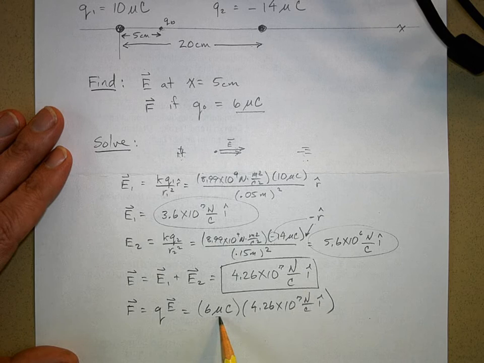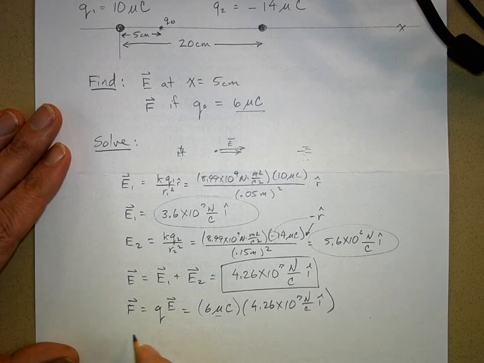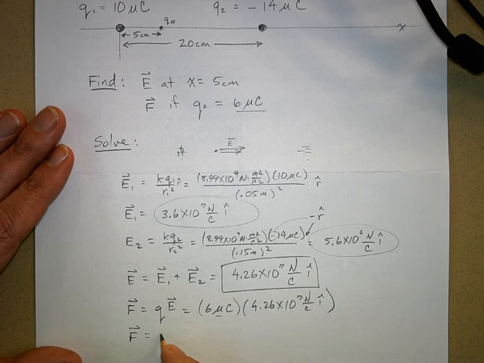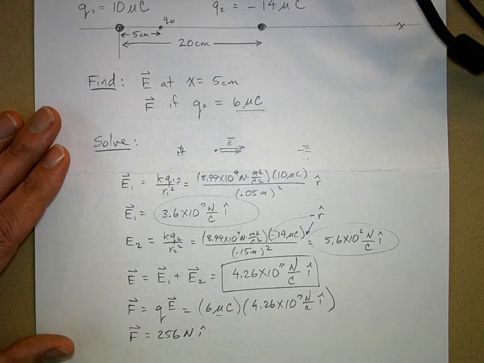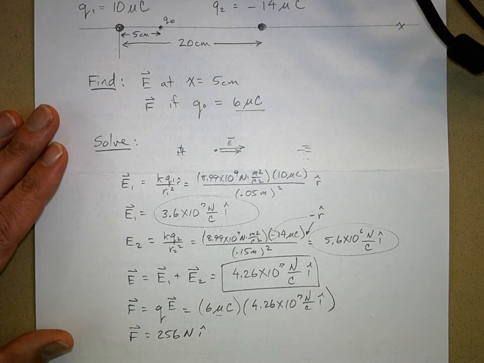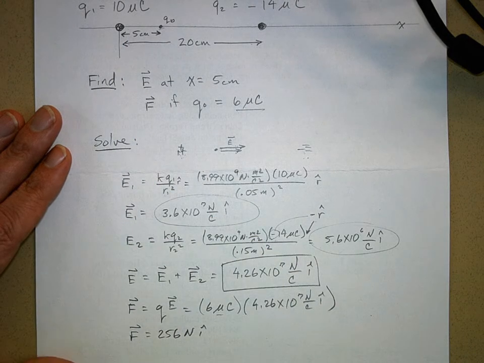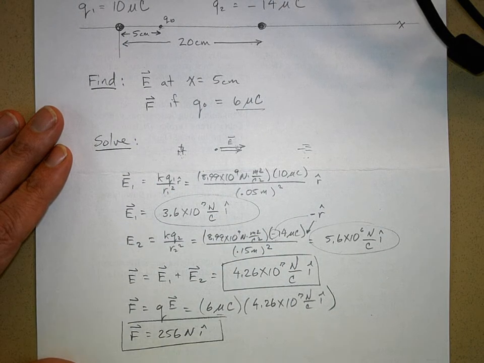And remember that 10 to the negative 6. And when you do, you will get a force on my test charge of 256 newtons in the I hat direction. That's a lot of force. Yeah, electric forces are very powerful, even given a small amount of charge. So there's my answer. Yes?